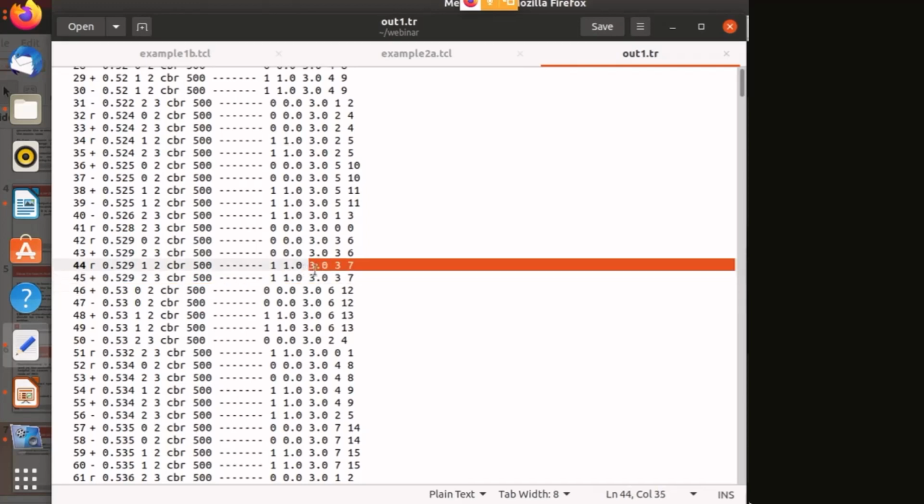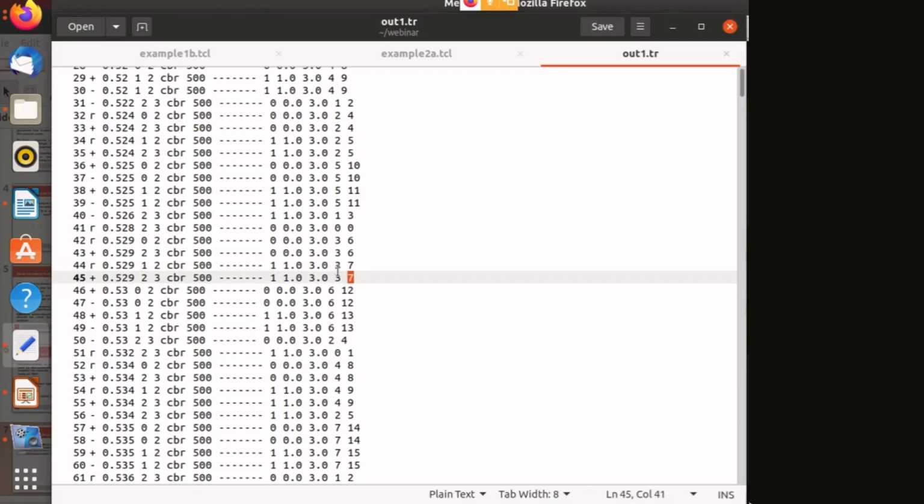Now, what happens here? Plus, again packet ID 7 is written here. After reception, I told you it will be enqueued in the node. So it is enqueued in the node at the same time 0.529 to node 2 to be transmitted to node 3. The packet type is CBR and 500 bytes.